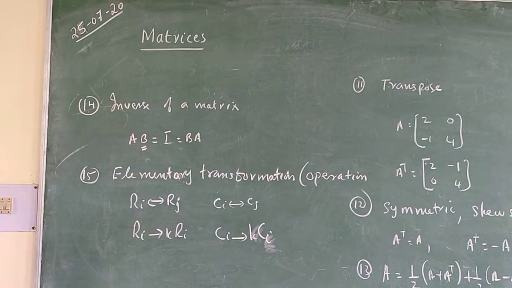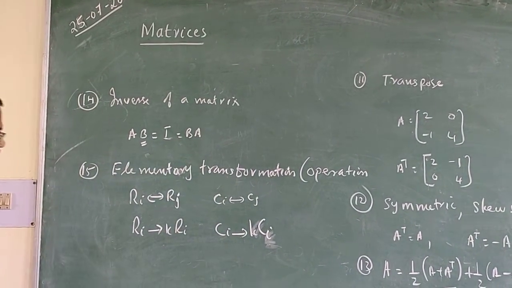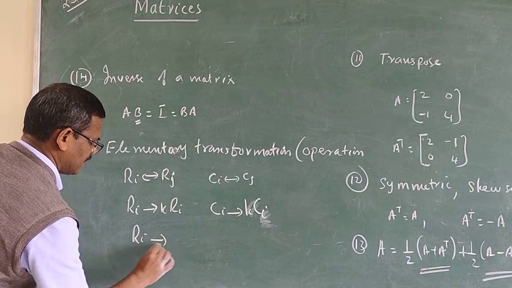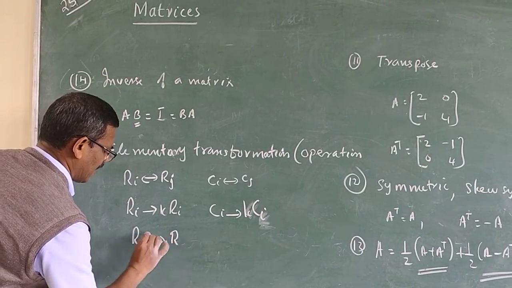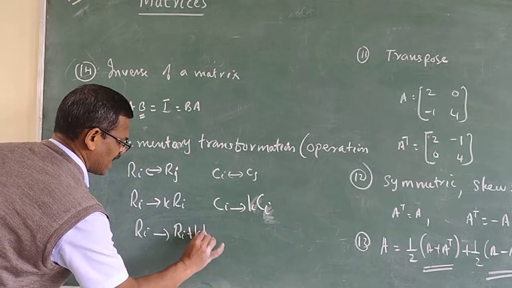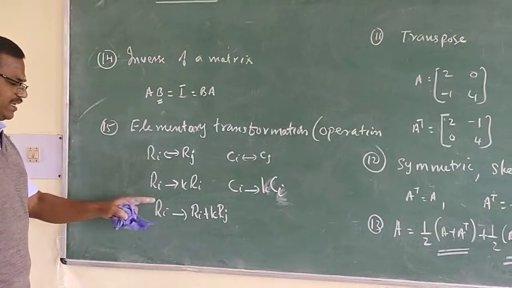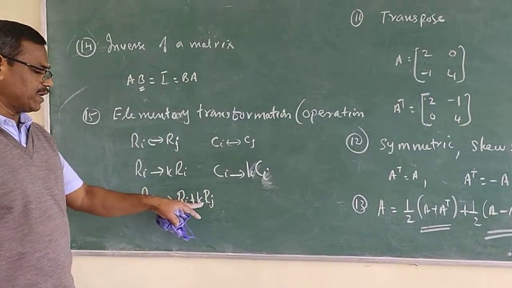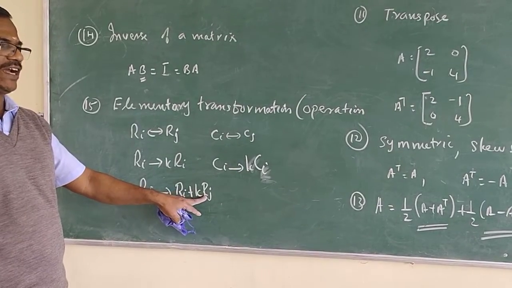Then the third elementary operation is Ri becomes Ri plus K Rj. That is, to any row a scalar multiple of another row is added.